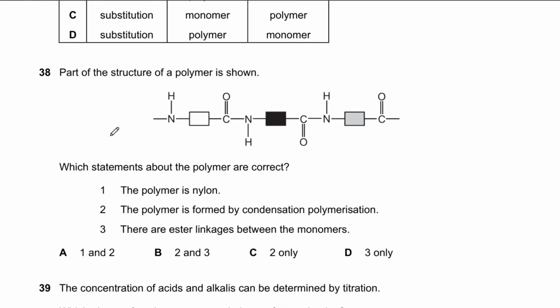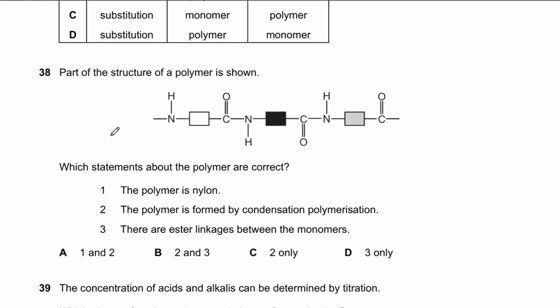Question 38. Part of the structure of a polymer is shown. Which statements about the polymer are correct? 1. The polymer is nylon. No, it's not nylon because nylon is a synthetic polymer. This is a natural polymer from the structure. Then 2. The polymer is formed by condensation polymerization. Yes.